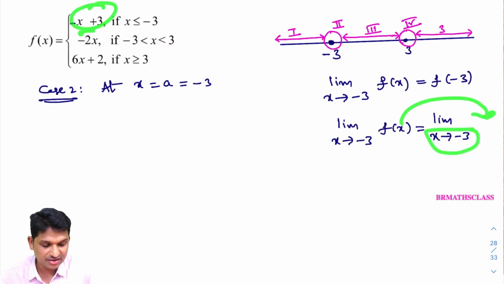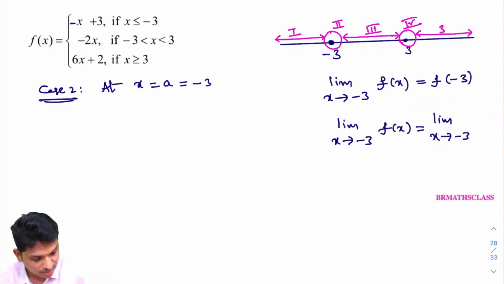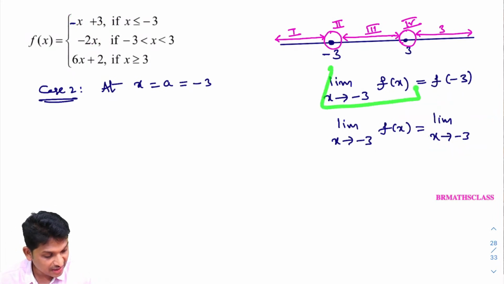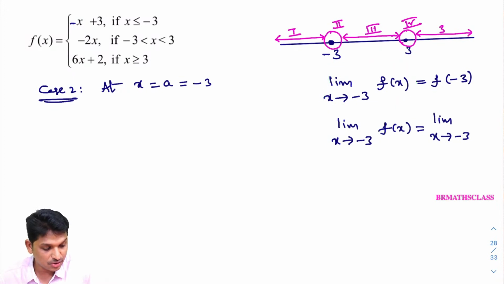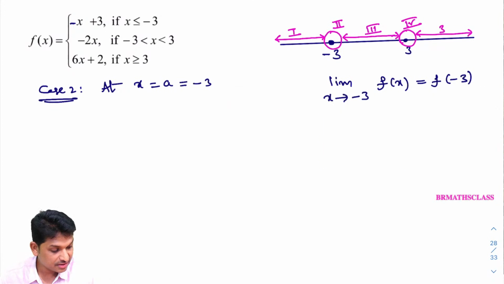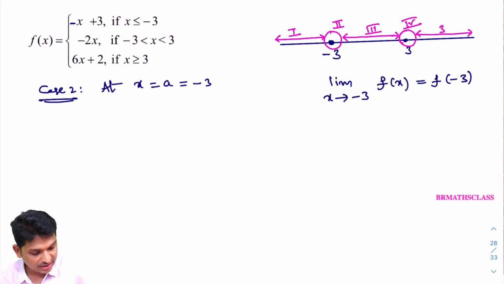To avoid this confusion, calculating left hand limit and right hand limit is the best solution. So for this problem, I'll calculate left hand limit as well as right hand limit.